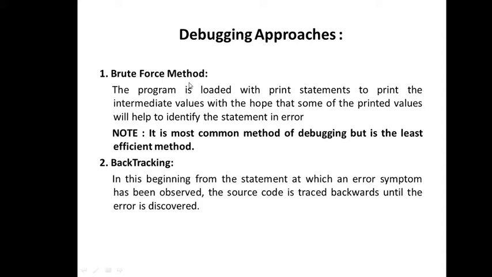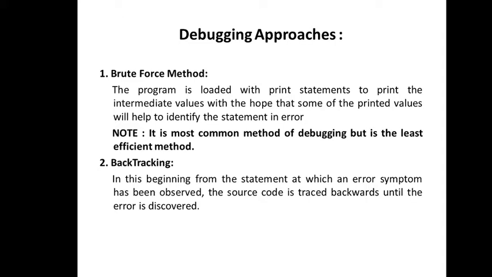What is the brute force method? In this method, say you have a code of 10 lines. What we will do is add extra printf statements in the code. Normally we write a code and at the end we have a printf statement to get the output. But this method says you load it with extra printf statements.